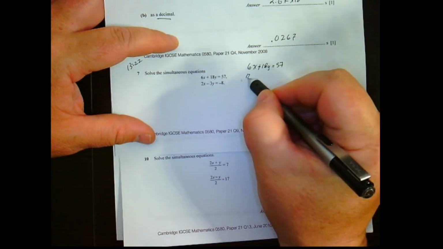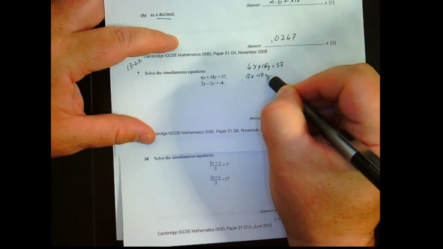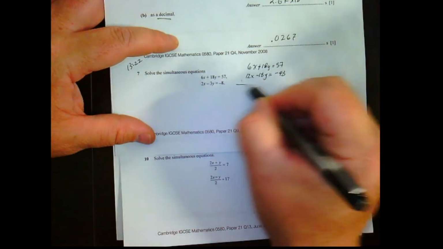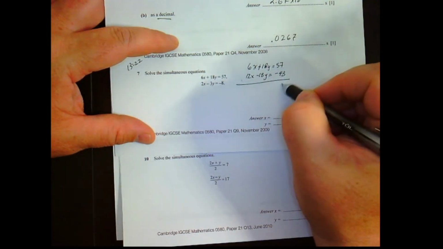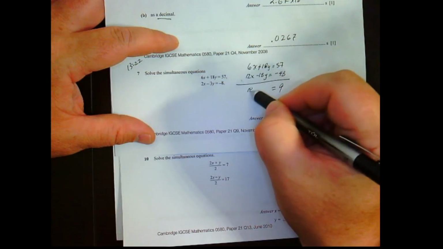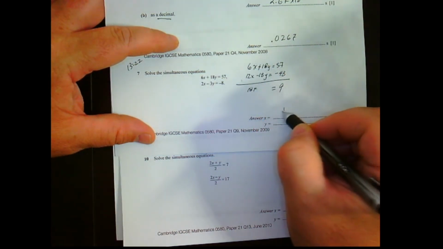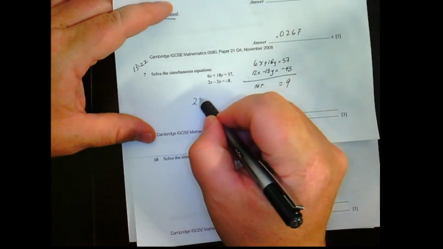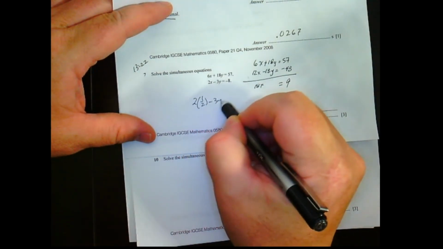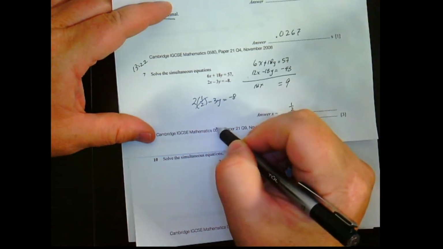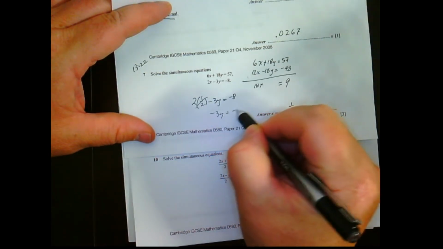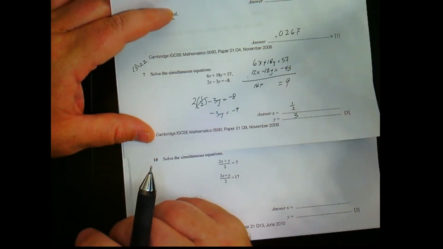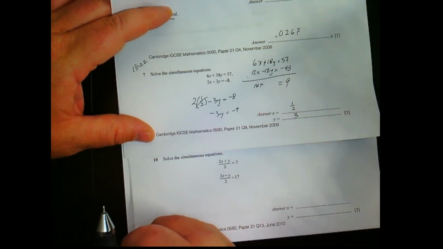So I'm going to multiply the second one by 6, because it makes the y's the same. There we go. So that's 9 equals 18x. So x is 1/2, right? So if x is 1/2, 2 times 1/2 minus 3y equals negative 8. So that's 1, right? Negative 3y equals negative 9. Then 1/2 and 3.